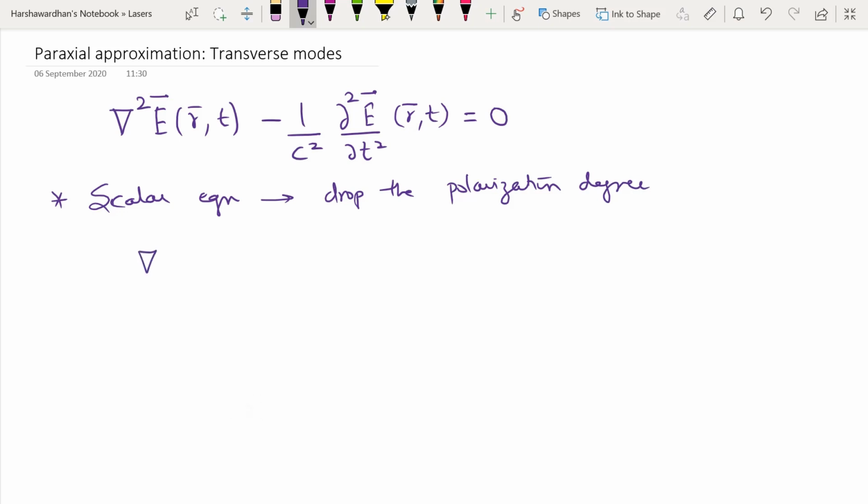That is, my equation is that of del square E(r,t) minus 1 over c square del square E by del t square (r,t) equals 0. These are indeed functions of the vector of position, but the electric field itself is considered as a scalar quantity.